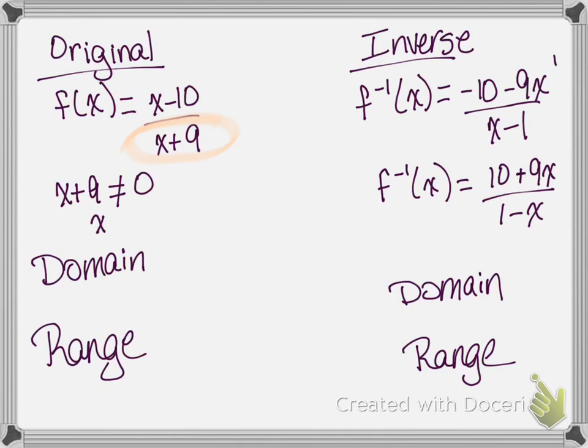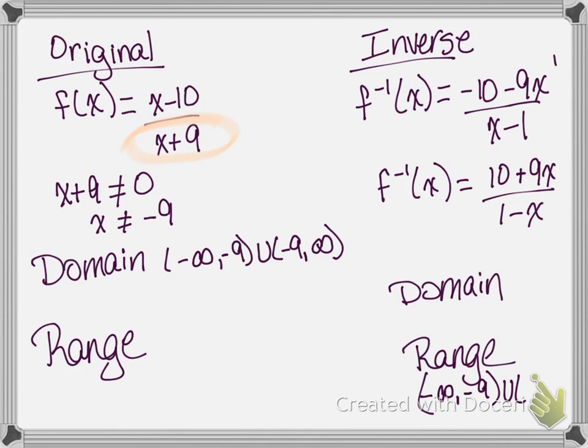When I solve this for x, I get that my x value cannot be negative 9. That is my domain. So I have negative infinity to negative 9 and negative 9 to infinity. The domain of my original function is the range of my inverse.